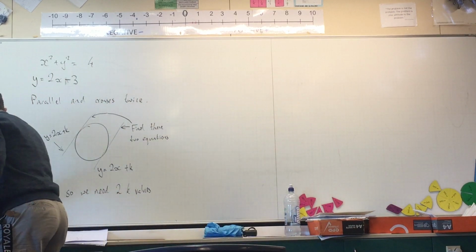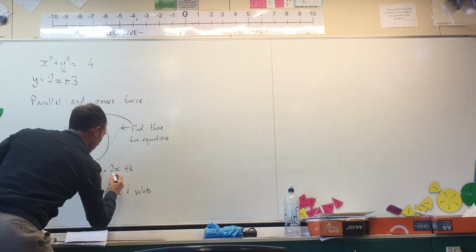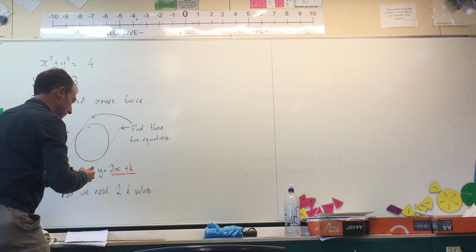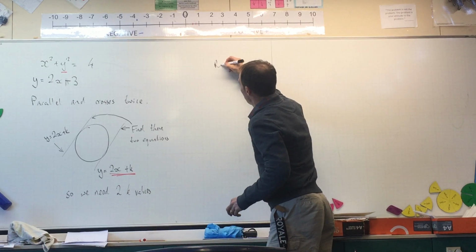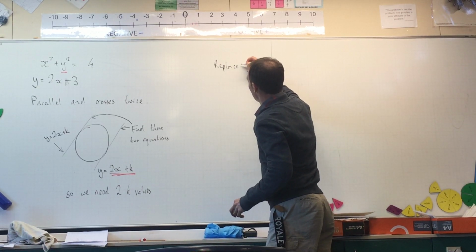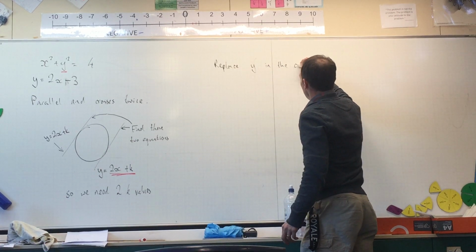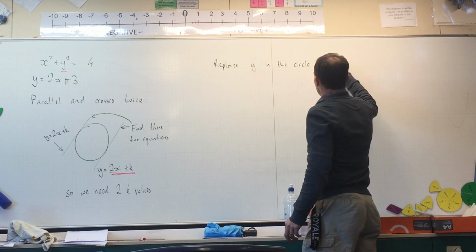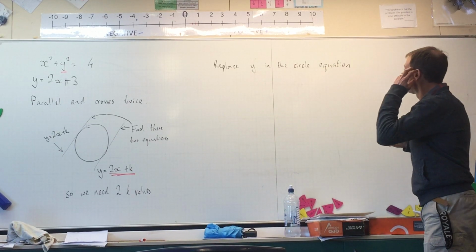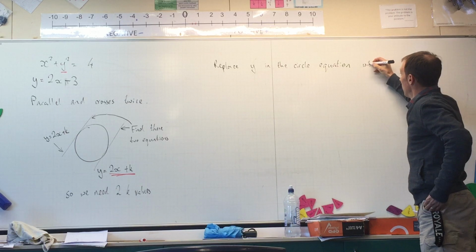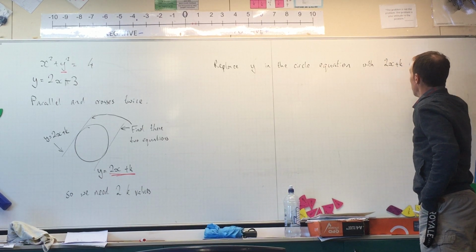So, I'm going to underline that and underline that and write: replace y in the circle equation with 2x plus k.